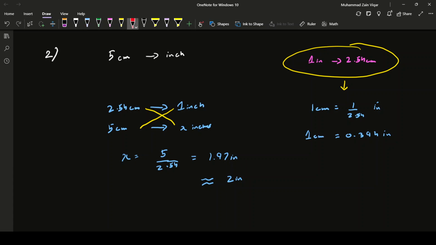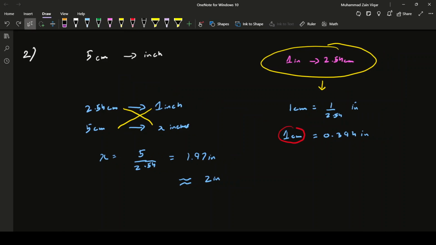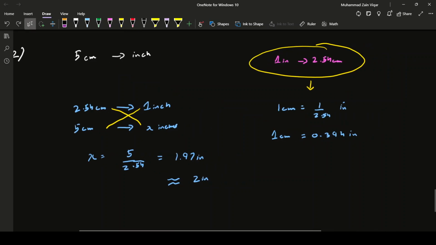Now the next thing I could do is simply replace this centimeter here with the value of it. So for example, I know 1 centimeter equals 0.39 inches, and my question has 5 centimeters.